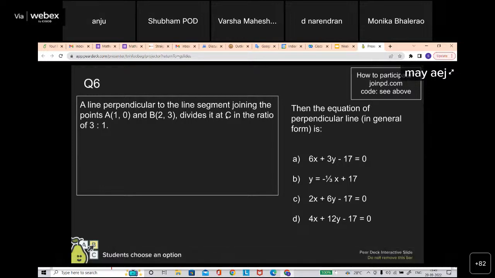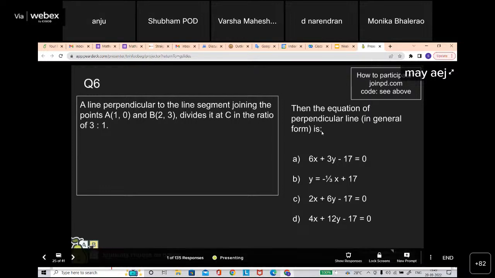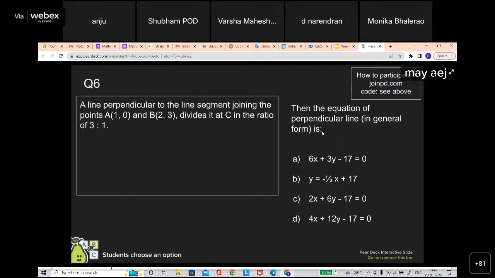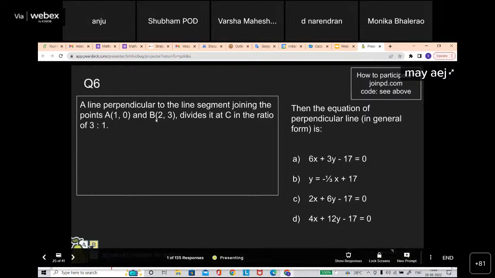Then the question is, what is going to be the equation of that perpendicular line in general form?